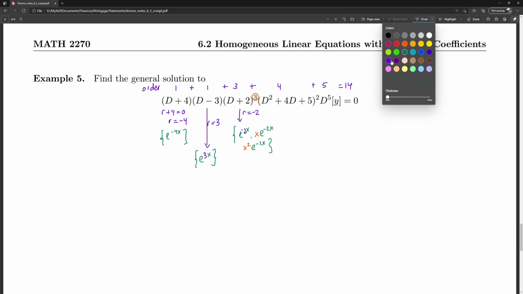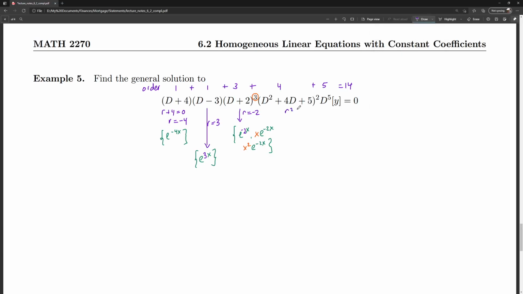And then for the next part, we have r^2 + 4r + 5 = 0. Again, we can use the quadratic formula, and we'll see that r = -2 ± i. And so that means alpha = -2 and beta = 1.